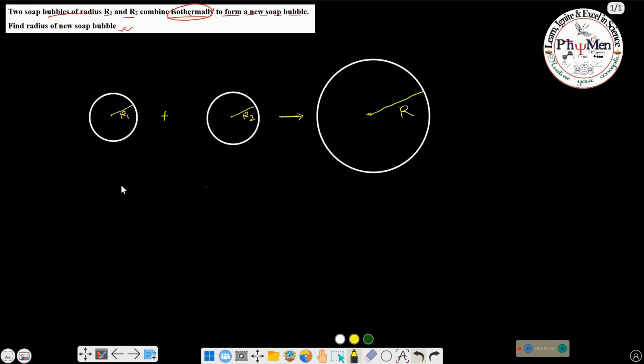So in this process we know that volume will remain constant. Means if we sum the volumes of these two, 4/3 π r1³ is the volume of this one, and 4/3 π r2³ is the volume of this one, and this will be equal to 4/3 π R³. This will remain constant because the amount of air inside will remain conserved.